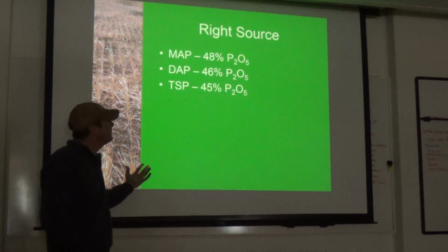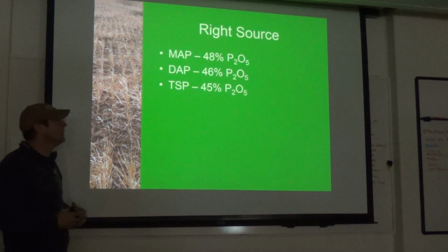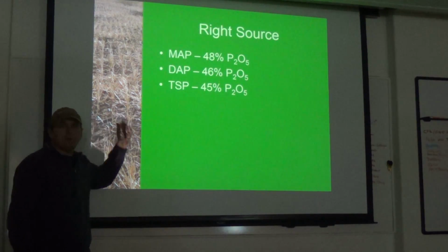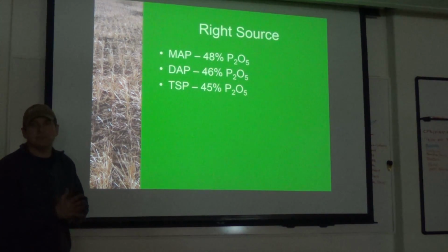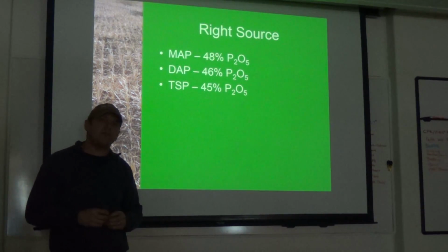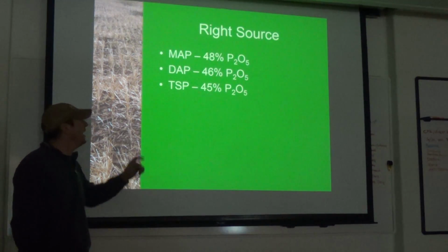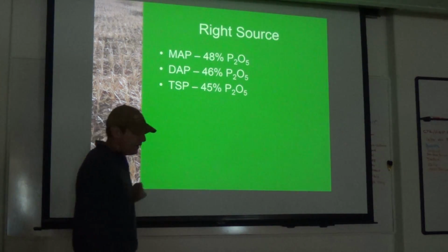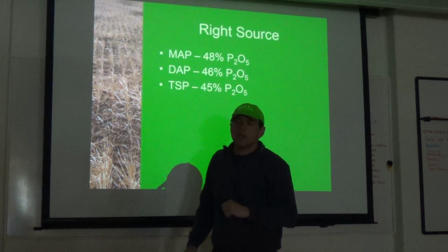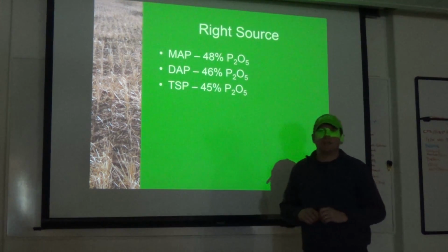The sources of phosphorus that we may be using out there include MAP, which, as we talked about previously in the nitrogen discussion, stands for monoammonium phosphate, which is 48% phosphorus. And if we remember back in the last conversation, it also has 11% nitrogen.